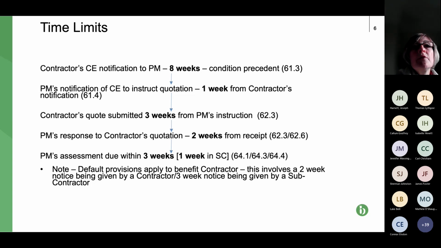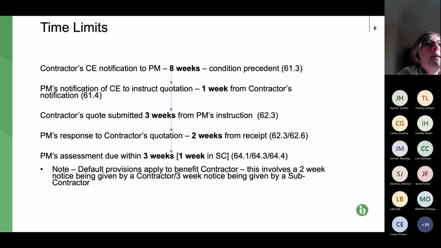What it does is that if the project manager doesn't respond within the deadline, the contractor or the subcontractor in a subcontract can issue a notice to the PM to tell them they haven't responded within the deadline, so they're effectively in breach of contract. You've got to give them another 2 weeks in the notice, and if within 2 weeks from that further notice the PM still does not respond, then the PM is deemed to have accepted whatever notice the contractor has issued.